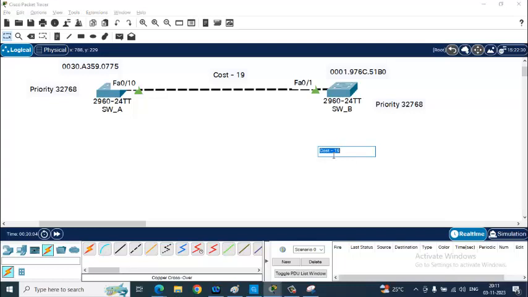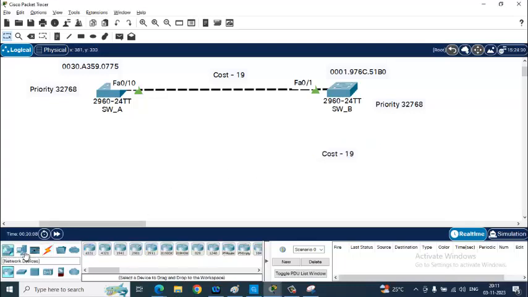Now let us discuss before it turns green. I'll take a snapshot. I also want to know the MAC address of this.